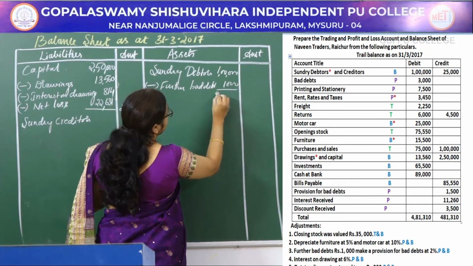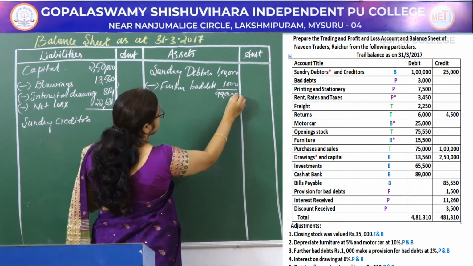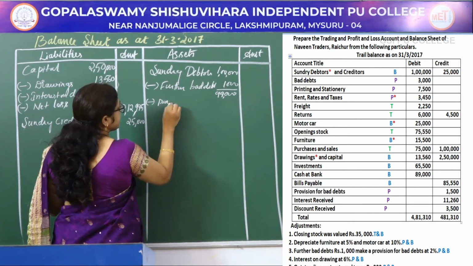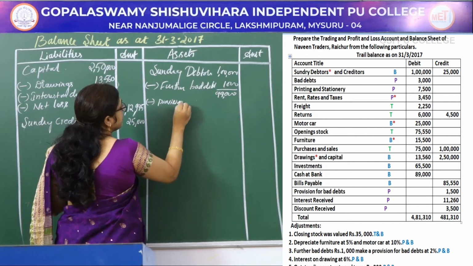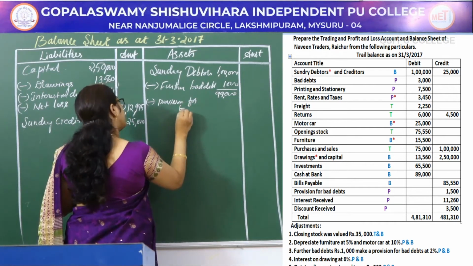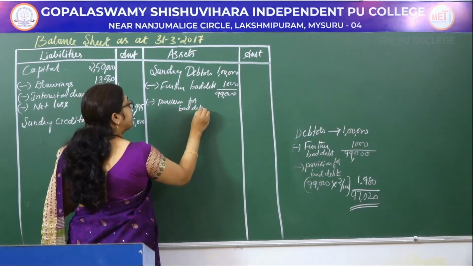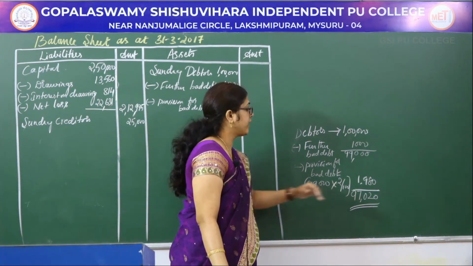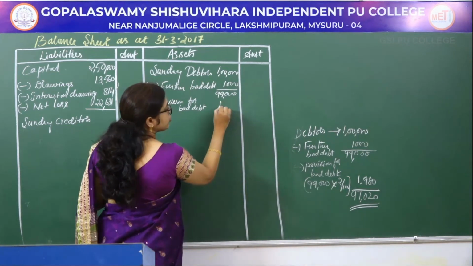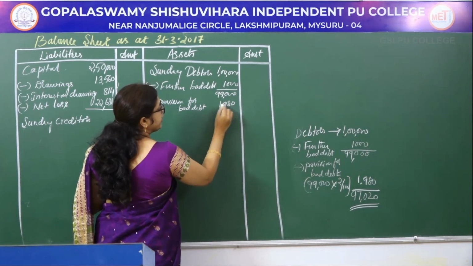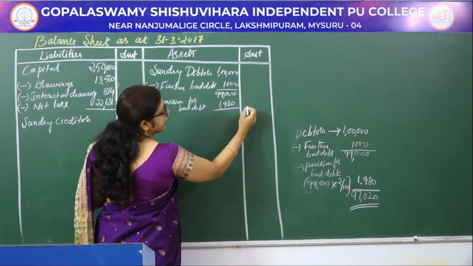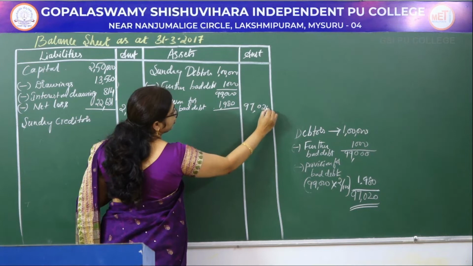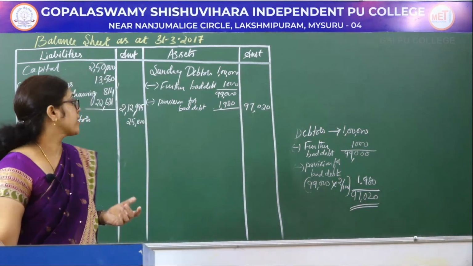After deducting, the amount is 99,000. And this year we calculated the provision for bad debts, less provision for bad debt, that is 99,000 into 2 divided by 100, amount is 1980. After deducting, the amount debtor is 97,020.